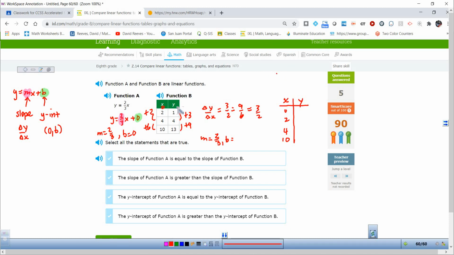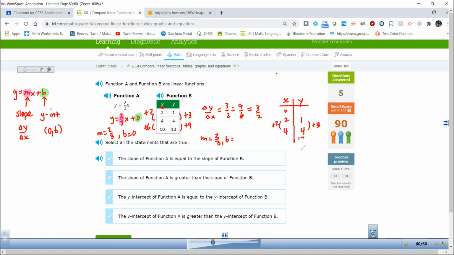Because this represents a linear function, which means constant rate of change, right? So 10 was 13, and 4 was 4, and 2 was 1. Remember, the change in y over the change in x is 3 over 2, right?